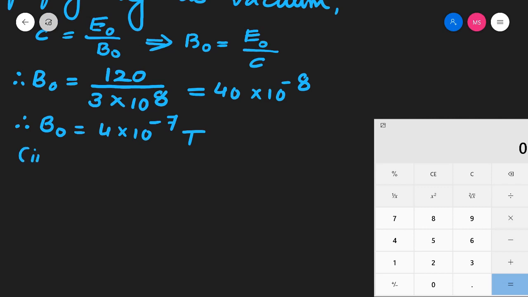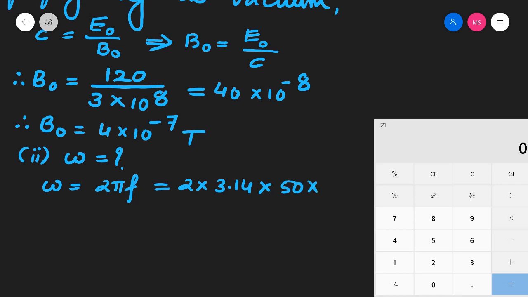Second one, angular frequency omega. We know that omega is 2 pi f. So that will be equal to 2 into 3.14 into 50 into 10 to the power 6.